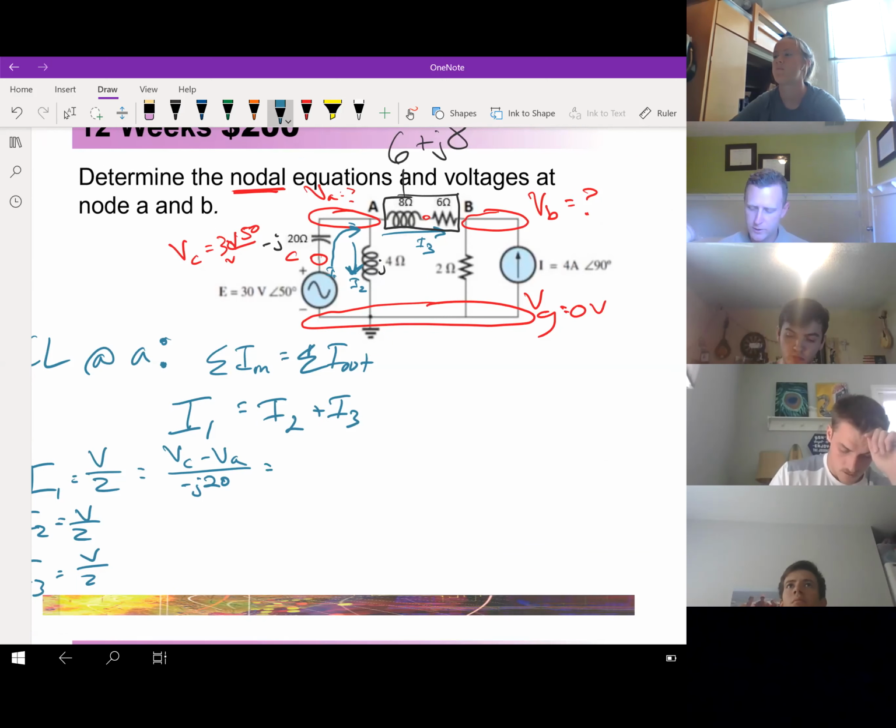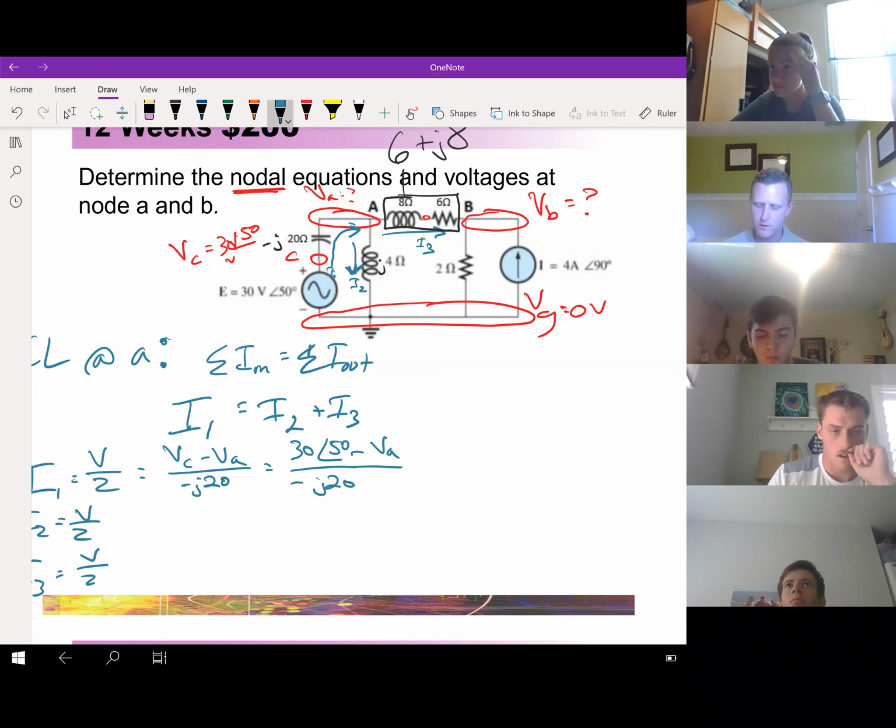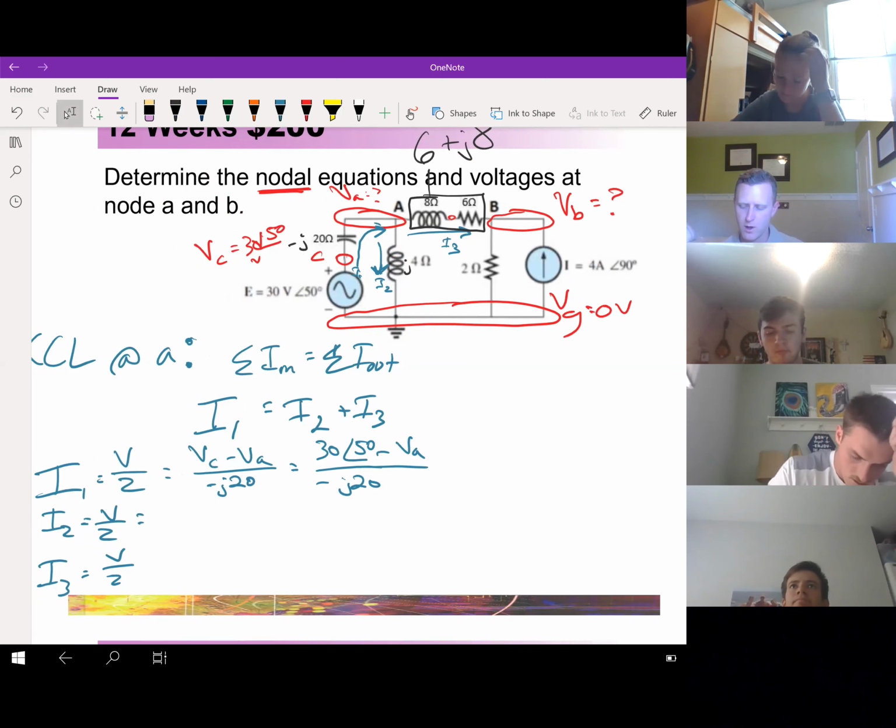I know VC, so I can write 30 angle 50 minus VA divided by negative J20. I'm doing this step by step. If you wanted to just put it all into your KCL equation, that would also be fine. But just to be clear as to where these are, I'm writing them separately.